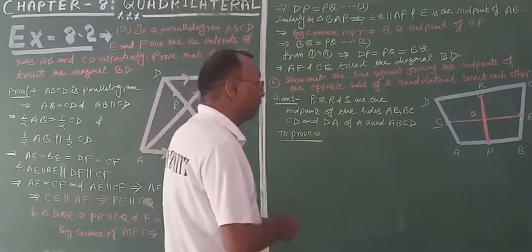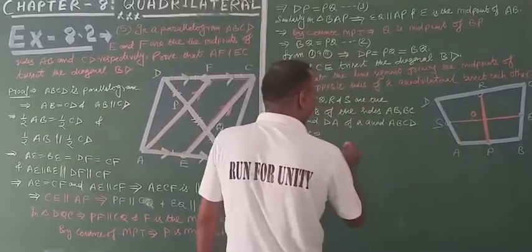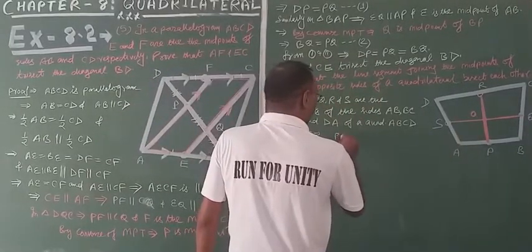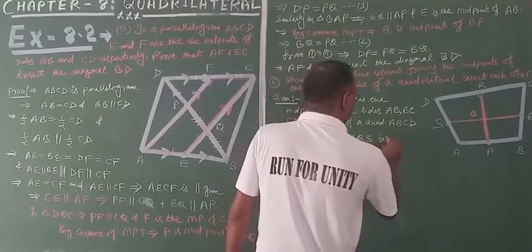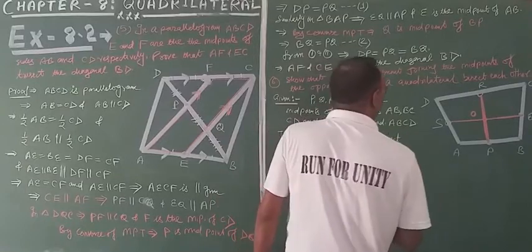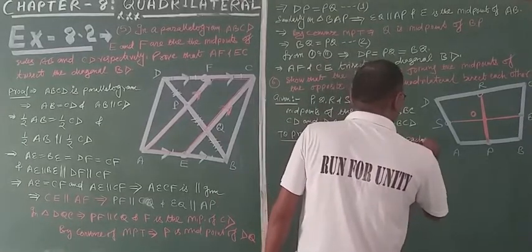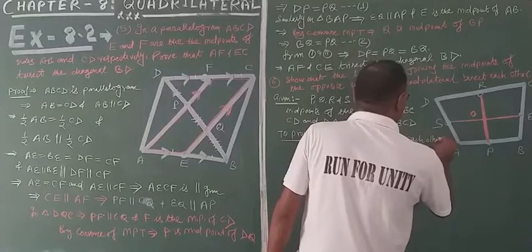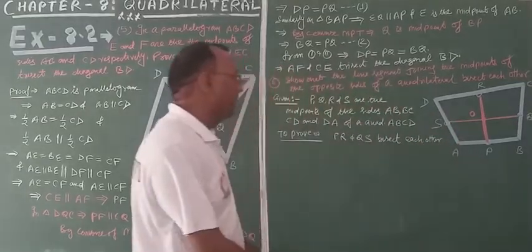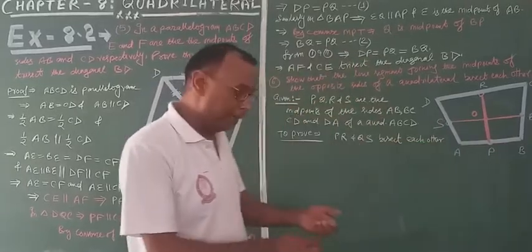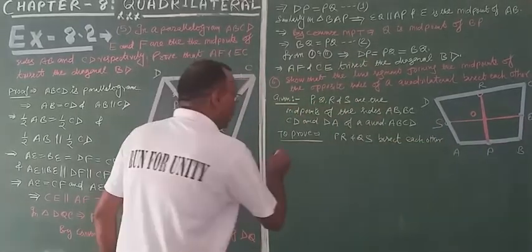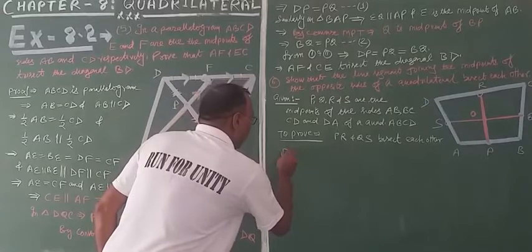These two. This line segment, which one? PR and QS bisect each other. Is it there? You have to prove that PR and QS bisect each other. Now, just look at the proof.